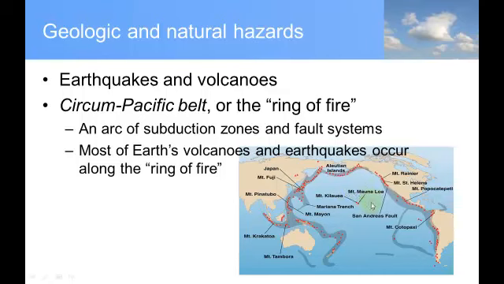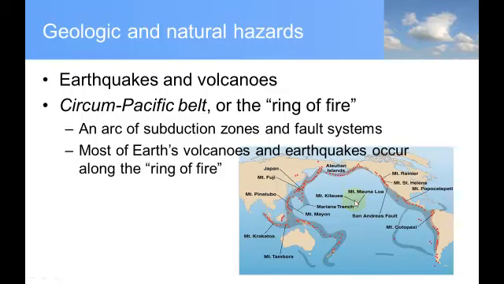There's a curious thing right here in the middle of the Pacific Ocean, though. We have the Hawaiian Islands, which has a number of active volcanoes, including Mount Kilauea and Mount Mauna Loa. But Hawaii is not sitting on a boundary. It's not sitting on a subduction zone or a fault line. It's right in the middle of the Pacific Plate. That's very curious.